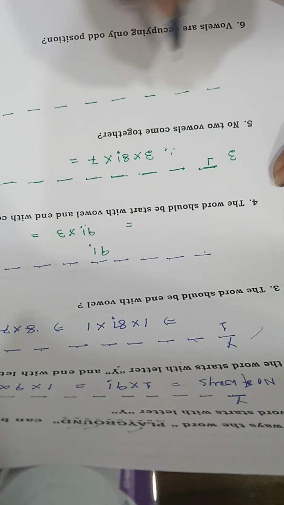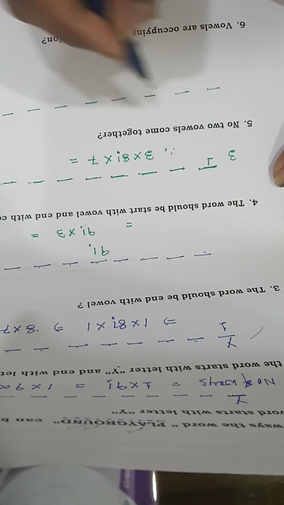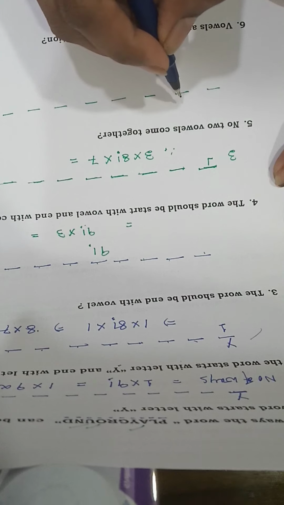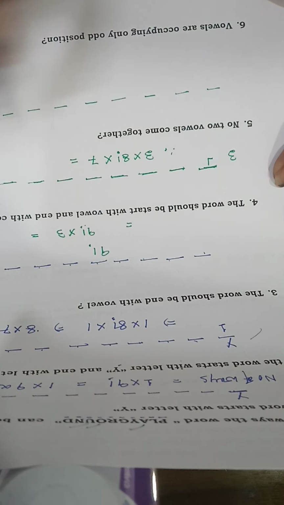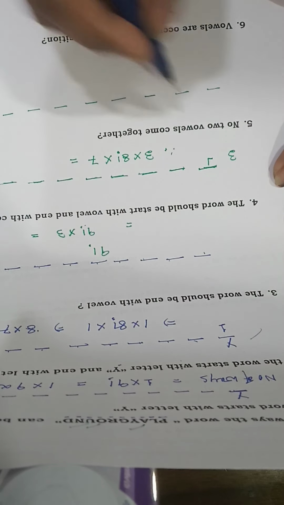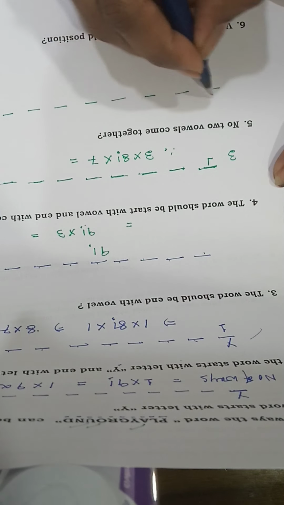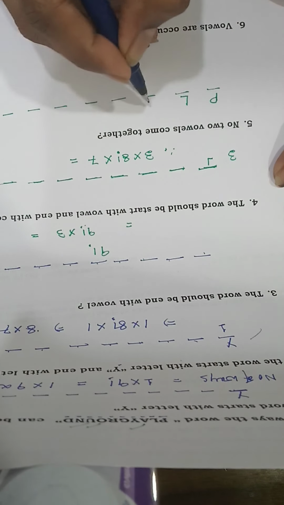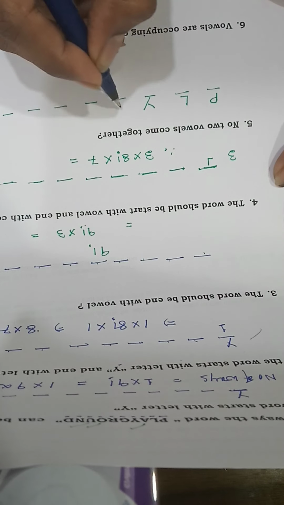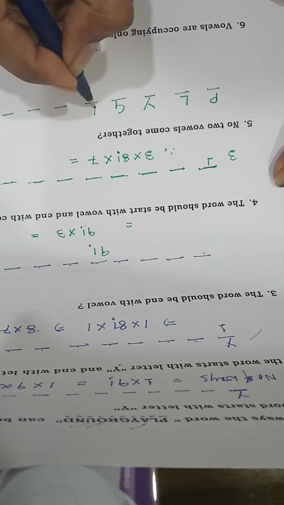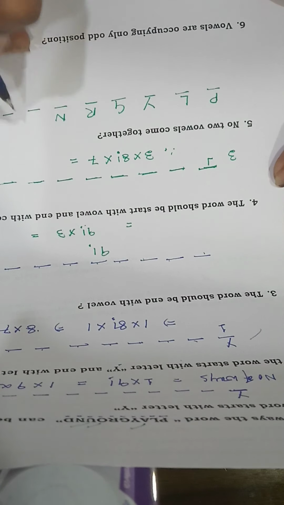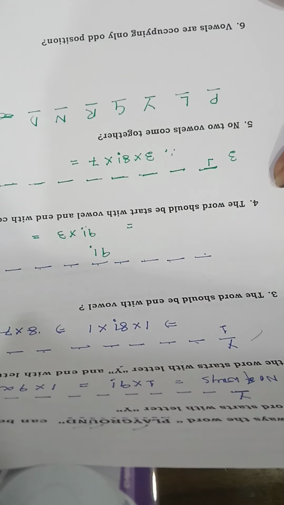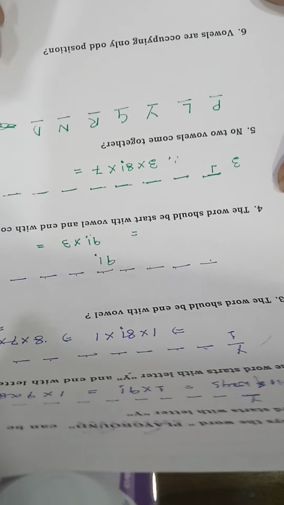So how many places are there? Now in Playground, instead of vowels, how many consonants? There are 7 consonants: P, L, Y, G, R, N, D. There are 7 places.